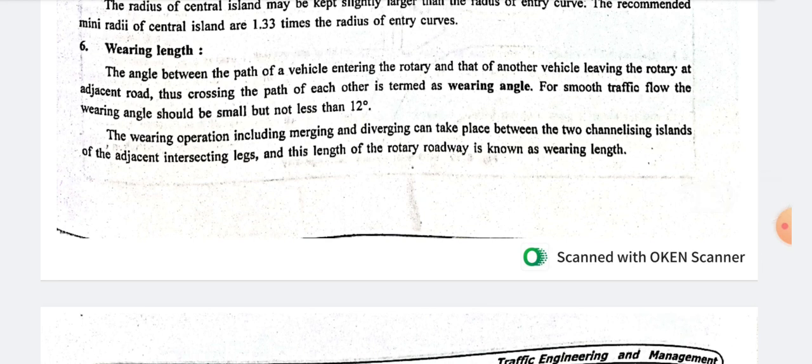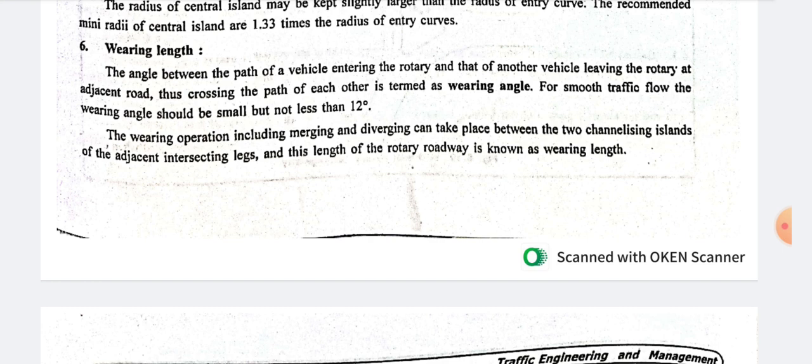Now, weaving length. The angle between the path of the vehicle entering the rotary and that of another vehicle leaving the rotary at the adjacent road, that is, the crossing of paths, is termed the weaving angle.